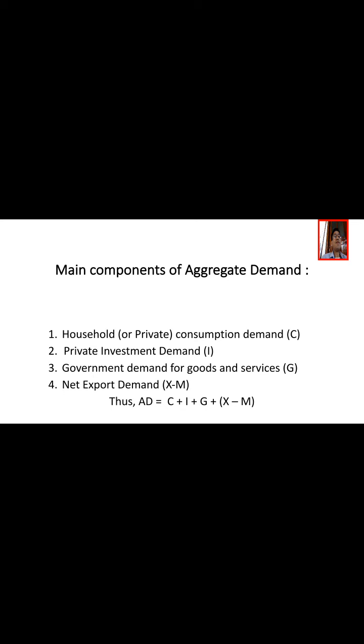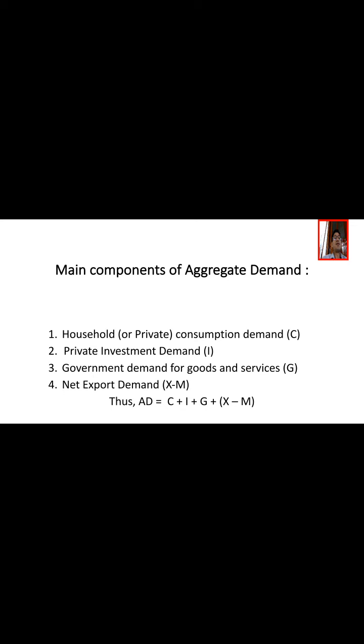Number 2, the private investment demand, denoted by capital I. The private sector spends money on investment. Then government demand for goods and services, represented by G. Then net export demand, X minus M. Symbolically, AD is equal to C plus I plus G plus X minus M.